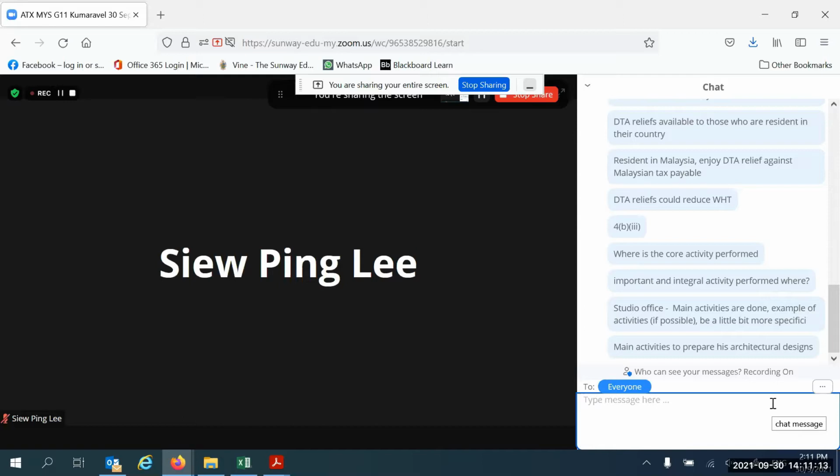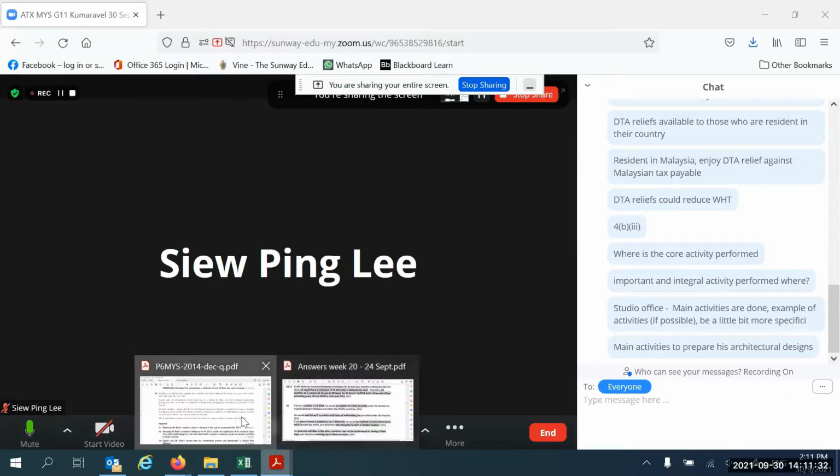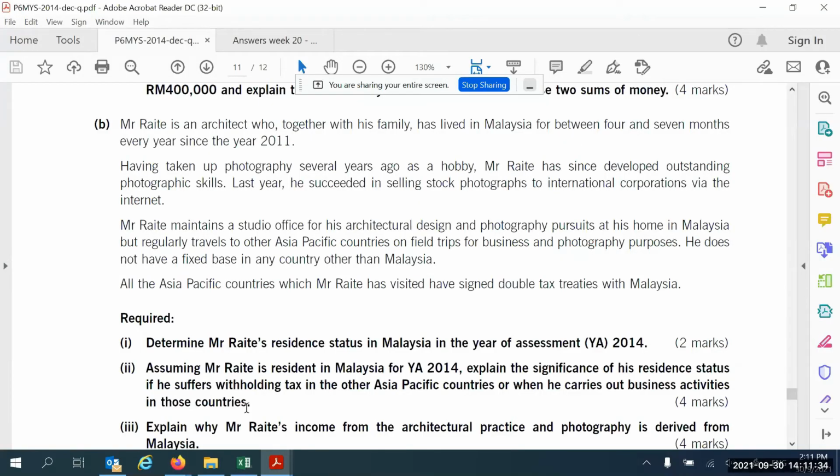Now if you write like this, perhaps you're going to get 1 mark or 1.5, because this is fair enough. The main activities are done in Malaysia. Studio office located in Malaysia. But that's not enough, so let's look for more clues. Regularly travel to Asia Pacific countries for business and photography purposes.